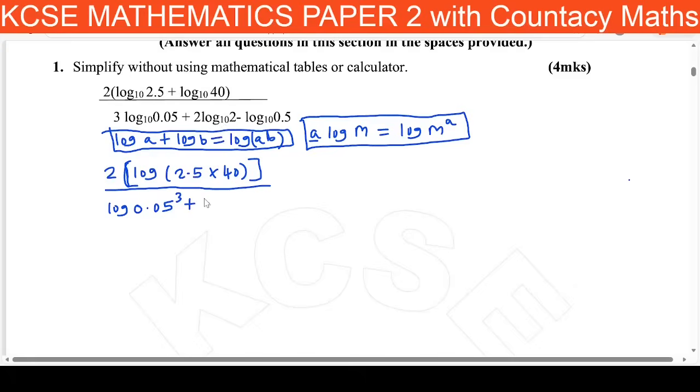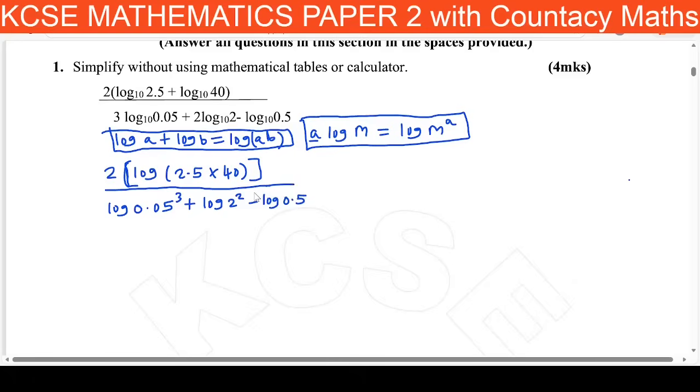We do the same thing, so we'll have logarithm of 2, and then we pick these 2 and we place it here where we have the power, and then we have a minus. Here we don't have a number appearing before the logarithm, therefore that is going to be retained just as it is, and that is a logarithm of 0.5, like that.